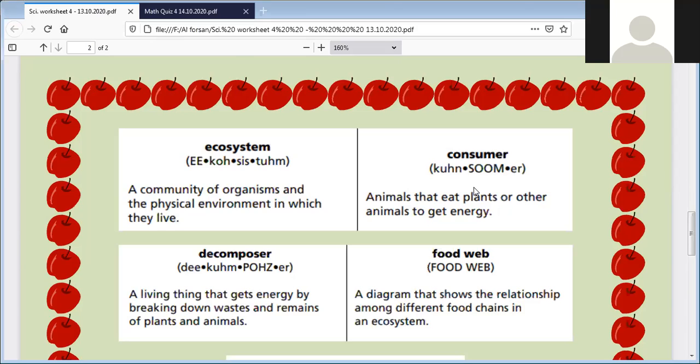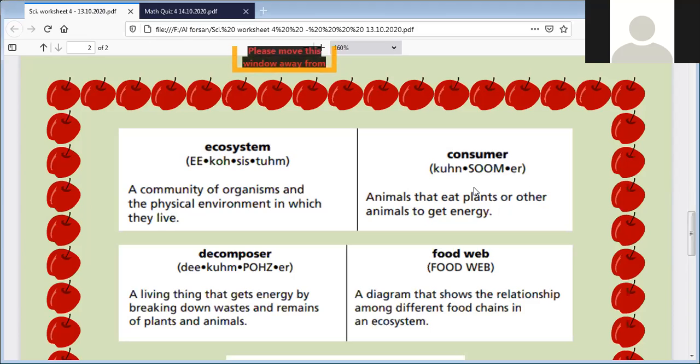Again, I will read that for you and you will repeat after me. A community of organisms and the physical environment in which they live. Again. A community of organisms and the physical environment in which they live.